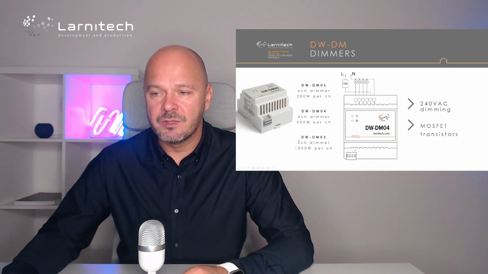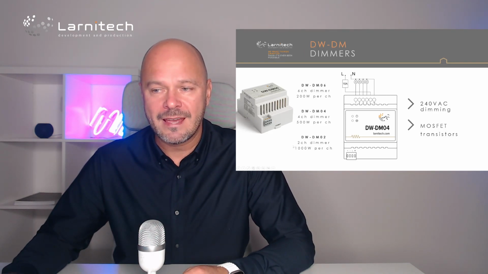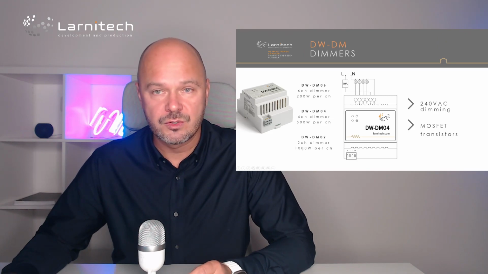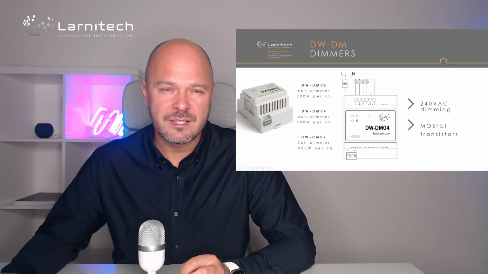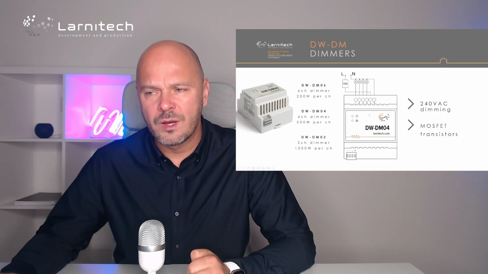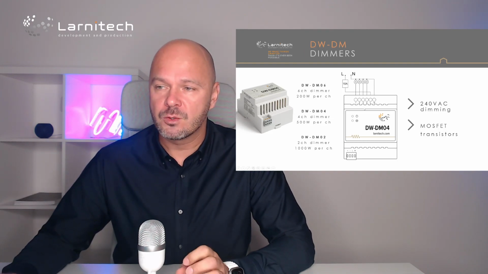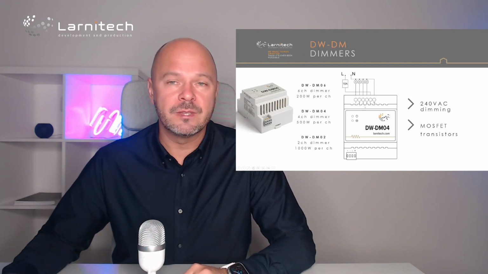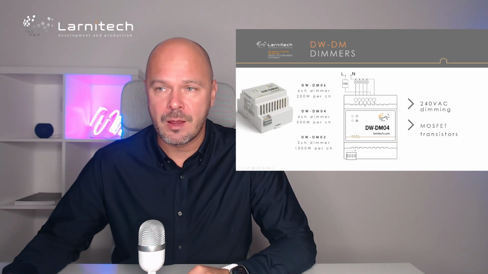So, for example, this 2-channel 1000 watts per channel cannot have 2000 watts per dimmer. As I remember, it is 1600 watts per whole dimmer. So you go to the documentation to see more details of its parameters.